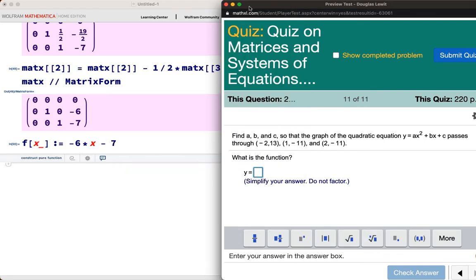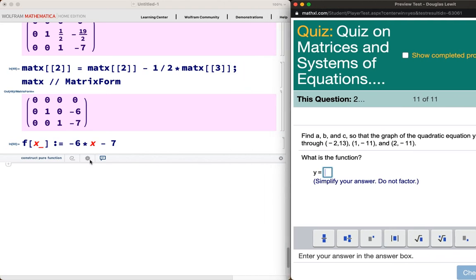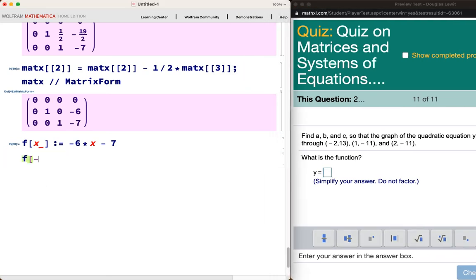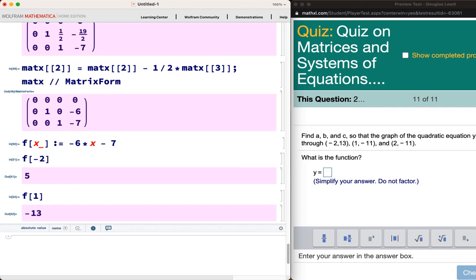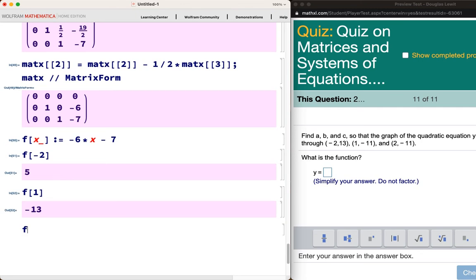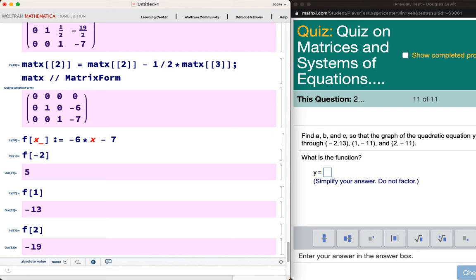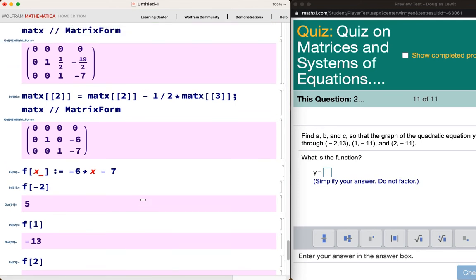This problem's a little bit tricky. So then we have f of -2, and that's not correct at all. F of 1 is, no, this is not going to work.